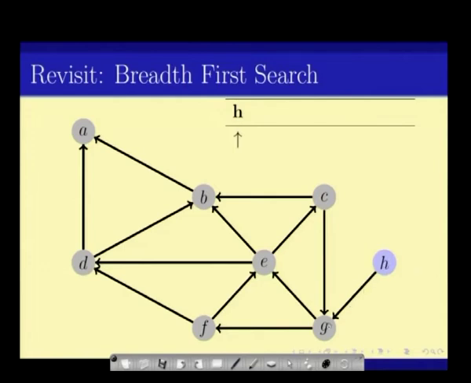So, I put H, I put G as its neighbor and move the arrow to the next. Now, G has two neighbors E and F. I put E and then F, and I move the arrow to E. Then I take E, I take the first neighbor which is C, then the second neighbor which is B, then the third neighbor which is D, and I move the arrow to F.